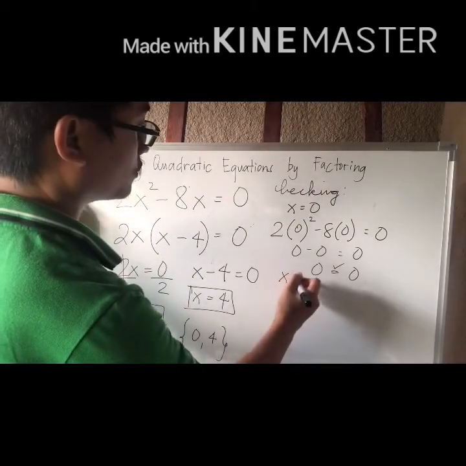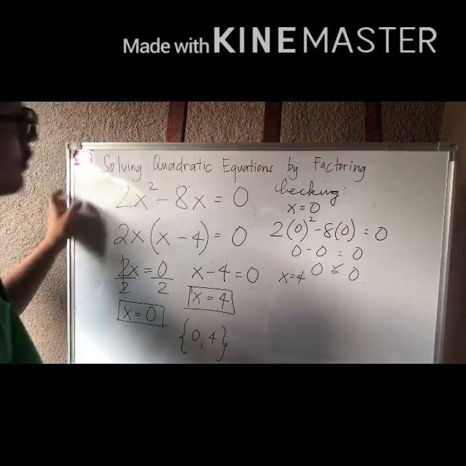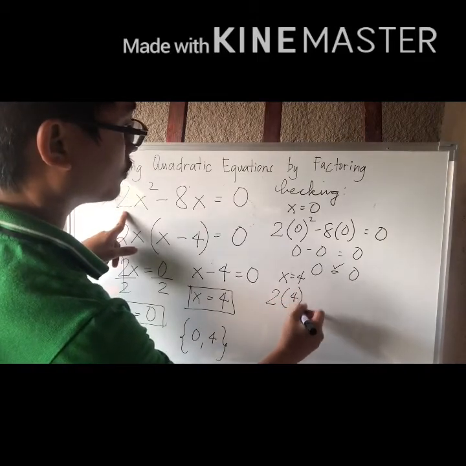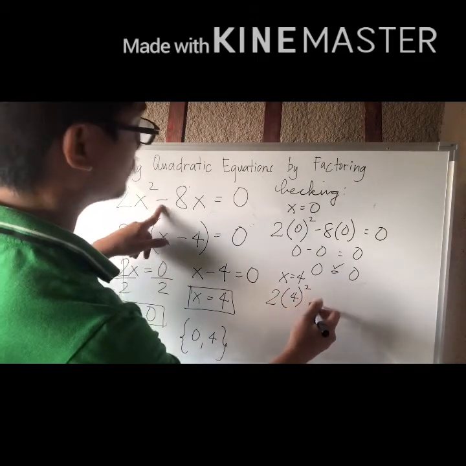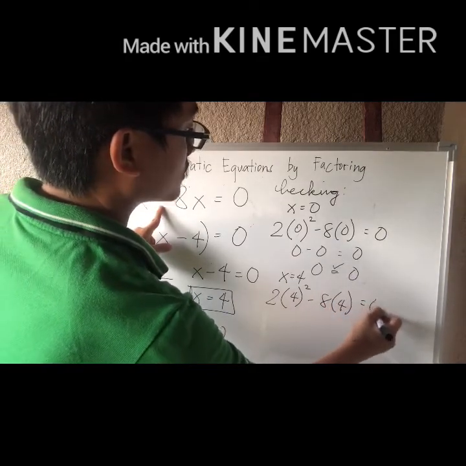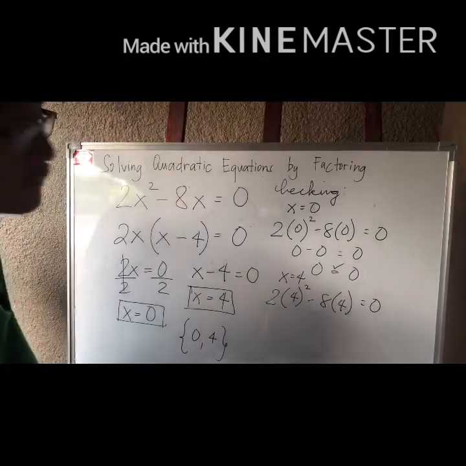Now what about 4? If x is equal to 4, so that's 2 times 4 quantity squared minus 8 times 4 equals 0.